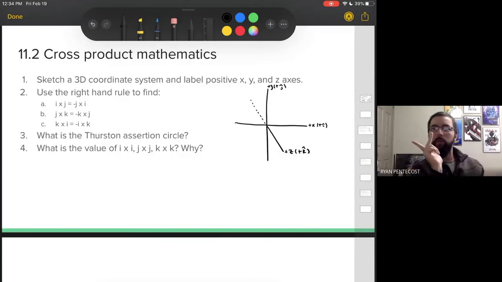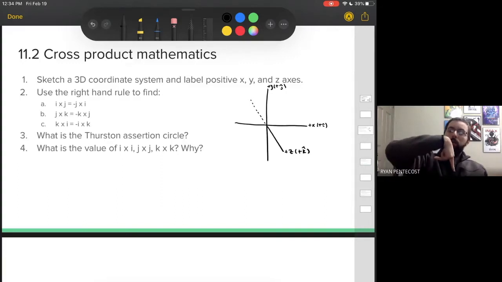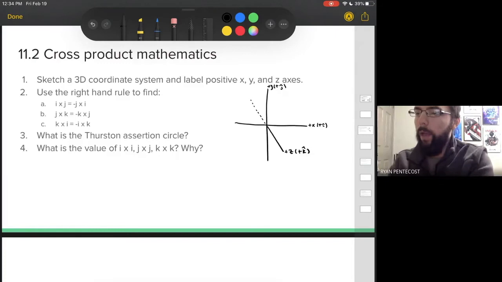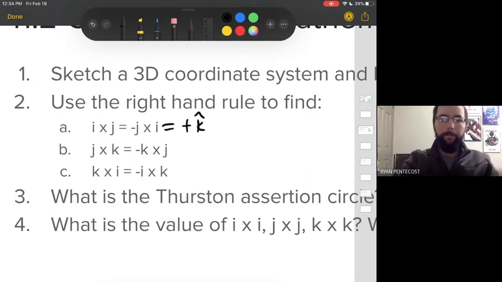I to the right, j up, k towards you. Okay. Now, if we do negative j is down, like we have on our image, negative j is down. Positive I is to the right. Now our thumb is also pointing at us. Okay. So that means that on letter A, this equals positive k, right?